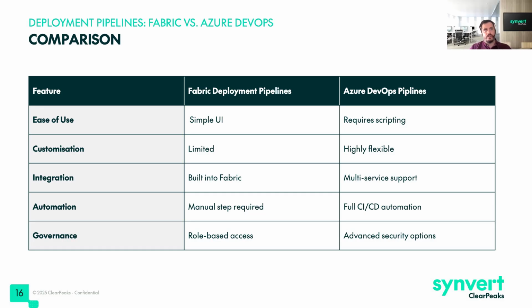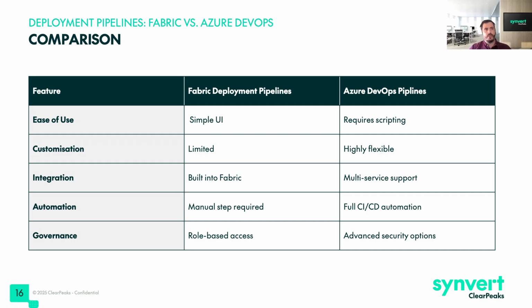Talking about customization, in this case, Fabric deployment pipelines are much more limited. It has some possibilities, but it's restricted to what Microsoft delivers. And on the other hand, we have Azure DevOps pipelines, where the possibilities are much wider in terms of what the APIs that, for example, the CI/CD library provides, or the coding options we have from the platform.